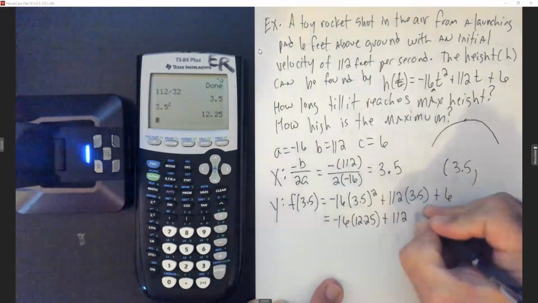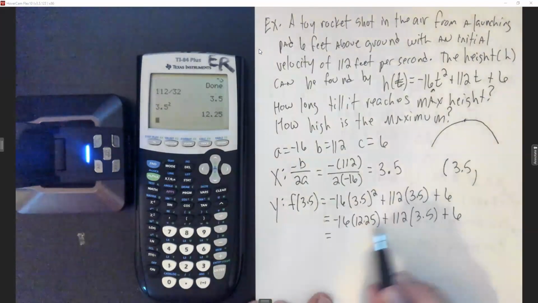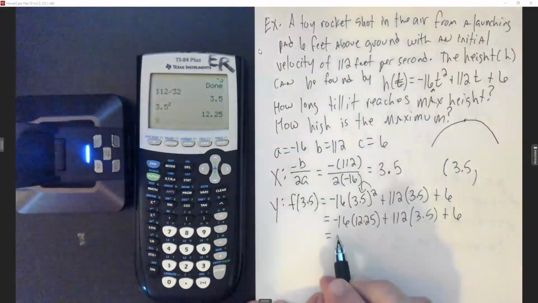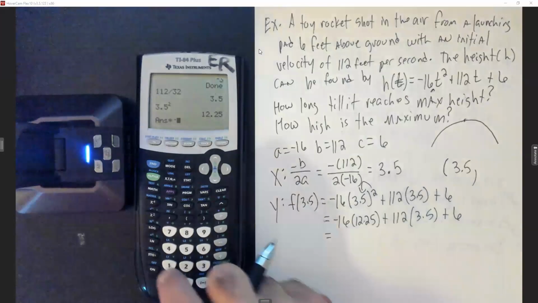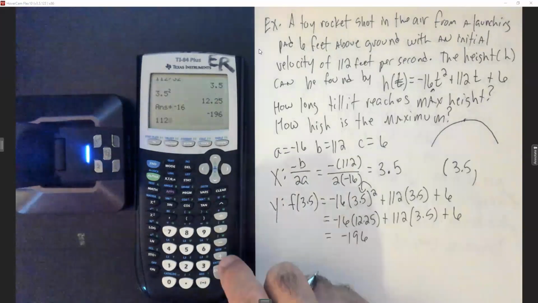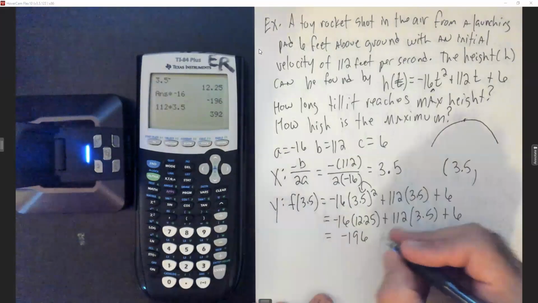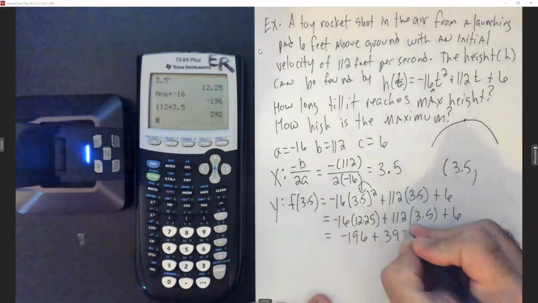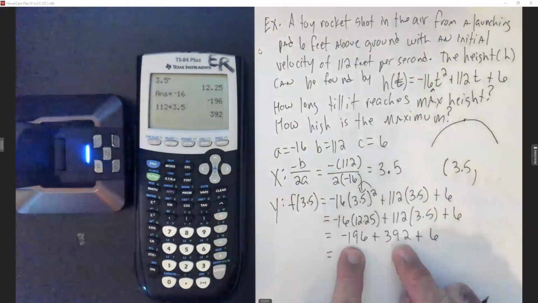So all I did was work the exponent on that step. Now I'm going to do all the multiplying. So 12.25 times negative 16 gives me negative 196. 112 times 3.5 will give me 392. And then at the end is my plus 6. And y'all, that 392 is still double that negative 196, okay?